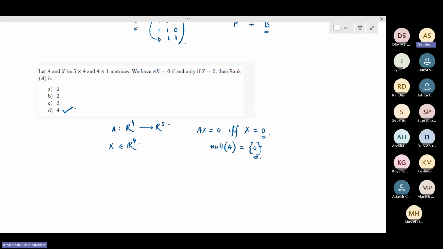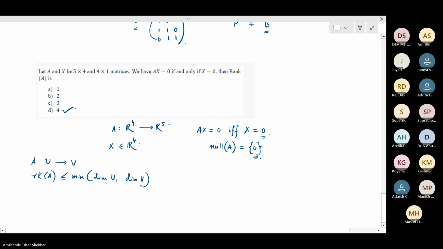So if we had a map A from U to V, then the rank of A is always upper bounded by the minimum of the dimension of U and the dimension of V. When this less than or equal to is an equal to, we say that A is a full rank matrix. So here A is a full rank matrix. It is a matrix of rank 4.